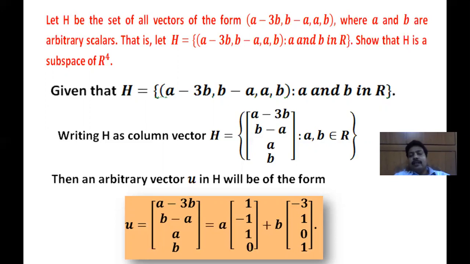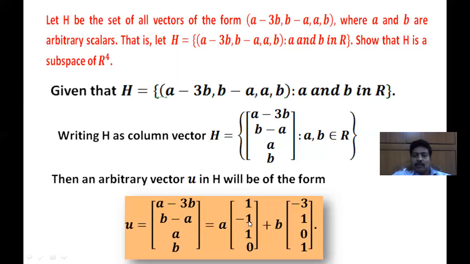Then any arbitrary vector u in H, any randomly chosen vector in H, can be written in this form. u is equal to (a minus 3b, b minus a, a, b). And this further can be written as a times the column matrix 1, minus 1, 1, 0.